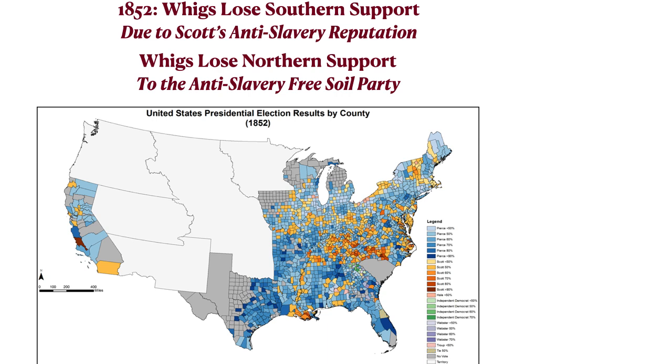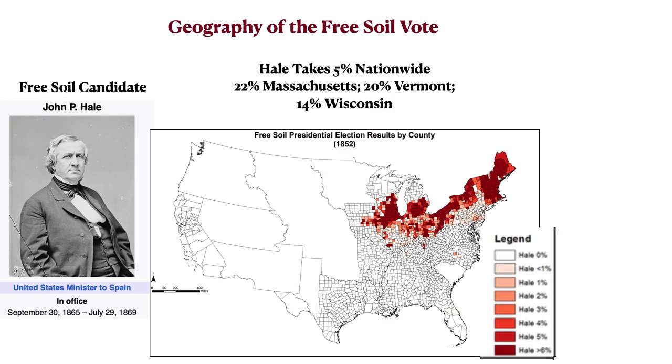So one of the reasons why the Whigs lost a lot of ground in the North was this relatively new anti-slavery, or certainly anti-expansion of slavery, Free Soil Party. And you could just see the geography of the Free Soil vote here.